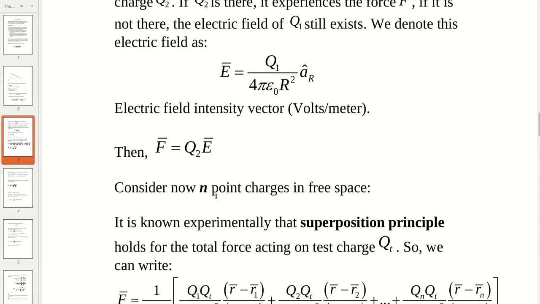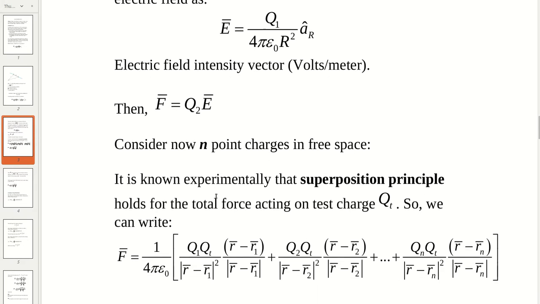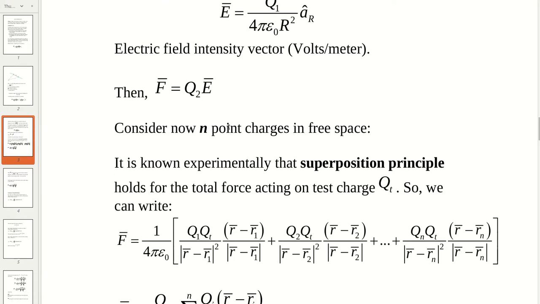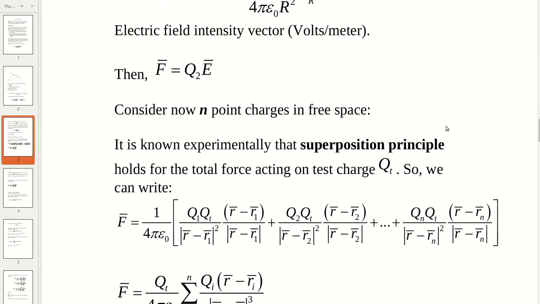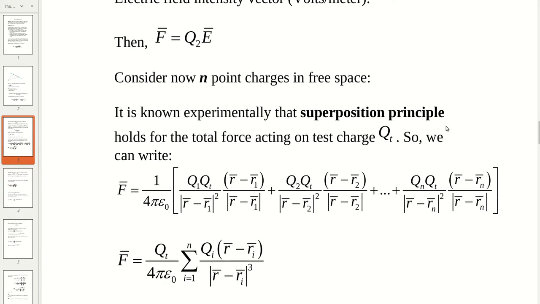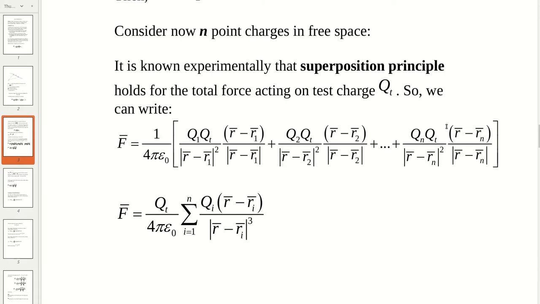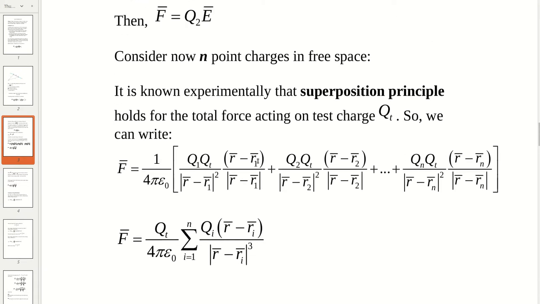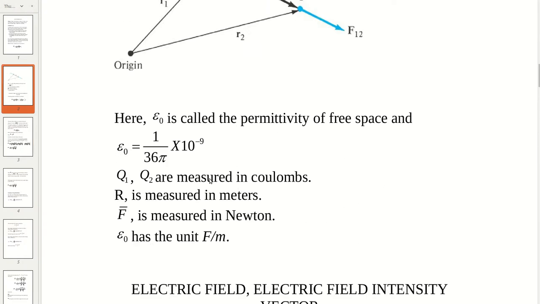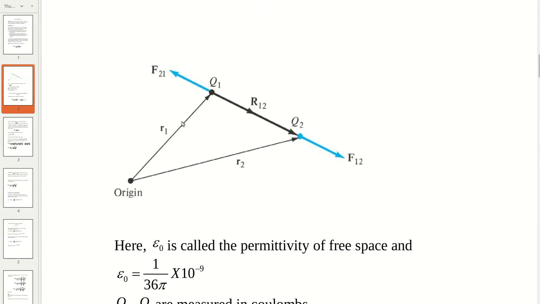Okay, so consider, instead of one charge Q2, multiple points. Consider it as a sphere, for example, around Q1, with many points, n points around it. So we can write the distance R, from R to R1, here R1, R, R2.